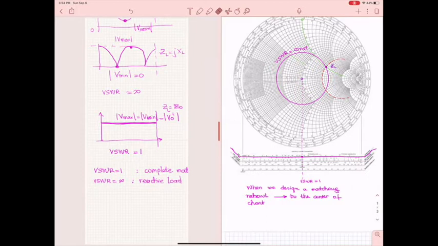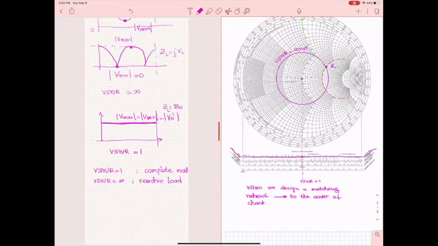And the only way to change resistance on a transmission line is by adding a resistance, all right? Because practically, when you move along the constant VSWR circle, you change both resistance and reactance. When you move along the resistance circle, you keep your resistance constant and only change your reactance. When you move along the constant reactance circle, you keep your reactance and only change your resistance.